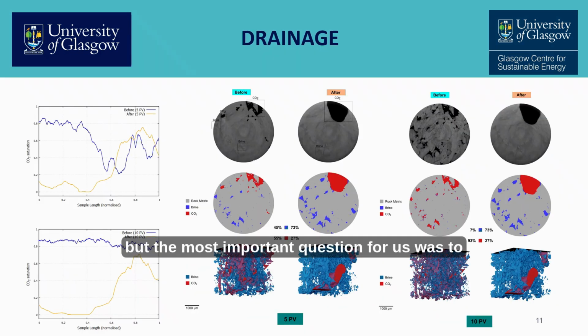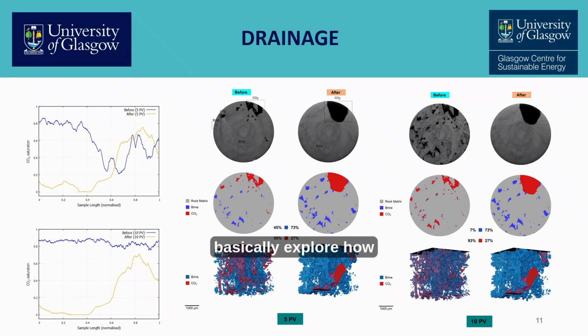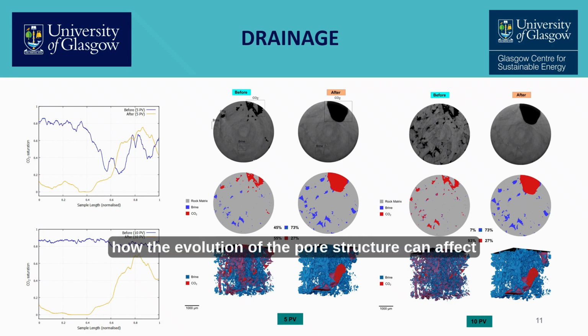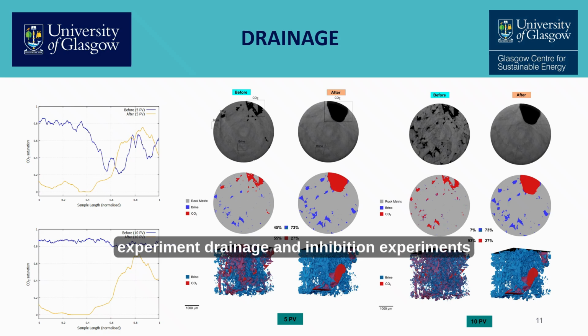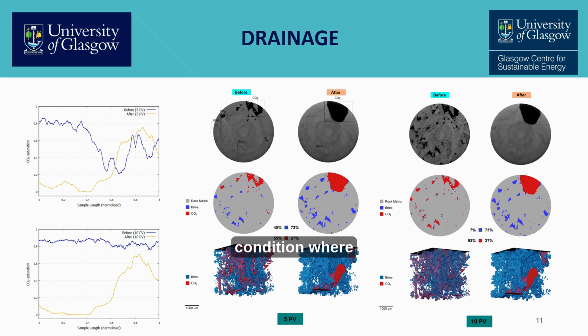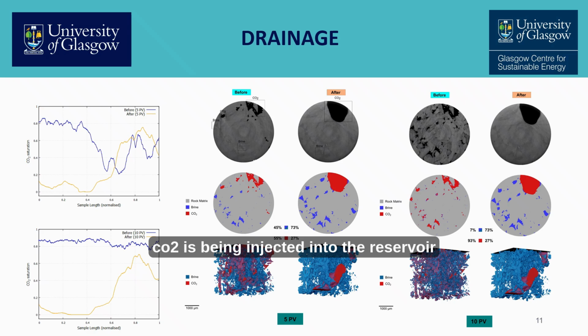But the most important question for us was to explore how these changes in porosity and permeability, and the evolution of the pore structure, can affect the long-term trapping of CO2. We conducted what we call the drainage and imbibition experiment. The drainage experiment describes a condition where CO2 is being injected into the reservoir.